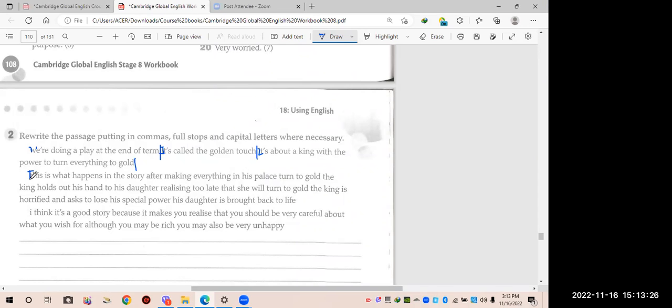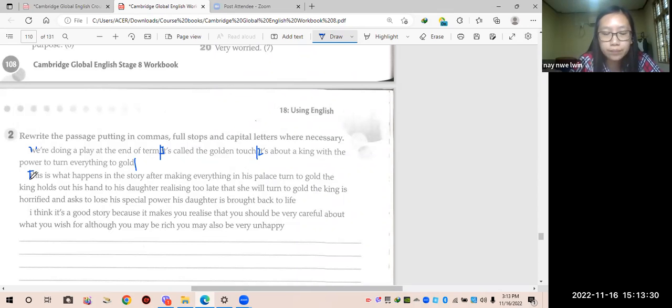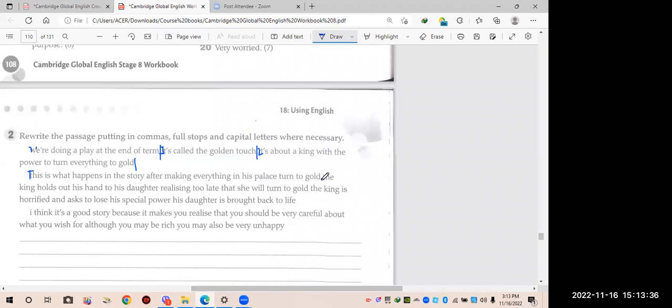The palace turned to gold. Where? Wait, isn't that a full stop?